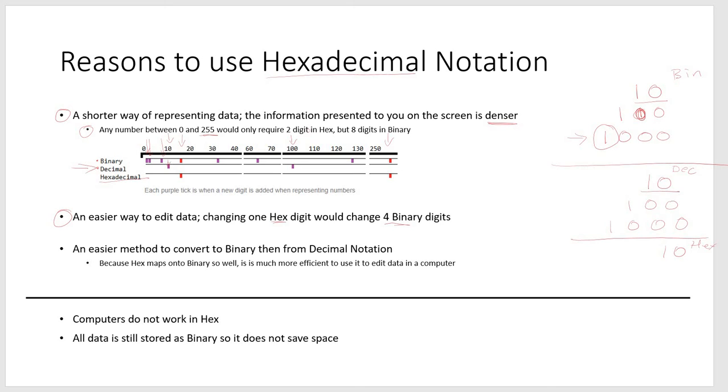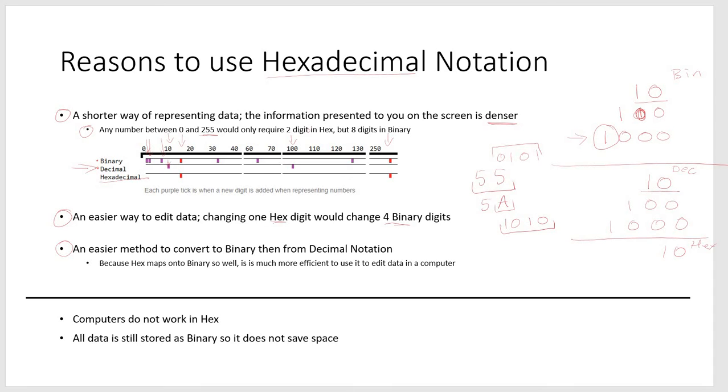So if you have, for example, a number like 55 in hexadecimal notation, and I changed this second 5 to an A, making it 5A, I have changed the binary representation of it to 01010, whereas before it was 0101. So instead of changing 4 binary numbers, I simply changed 1 digit in hex, and that in turn changed the entire 4 bits of binary numbers in the computer.